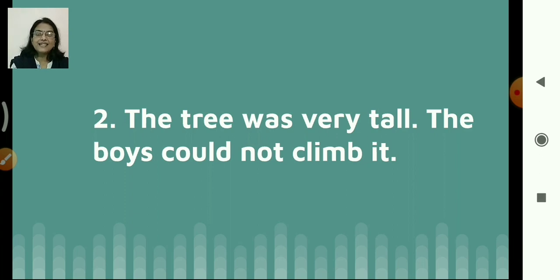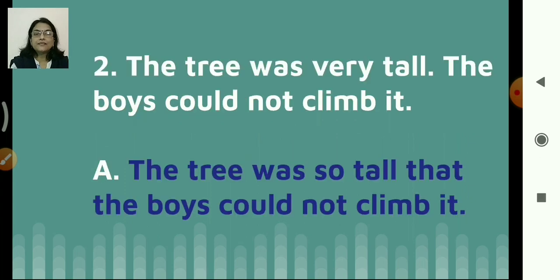That. Right? So let's see the answer. The tree was so tall that the boys could not climb it. The tree was so tall that the boys could not climb it.